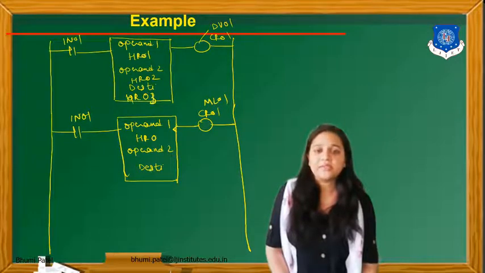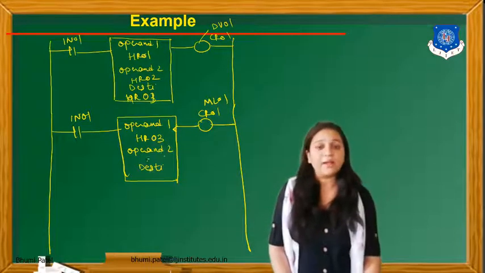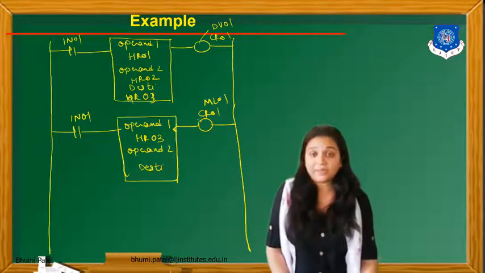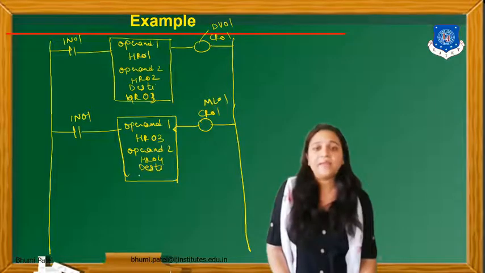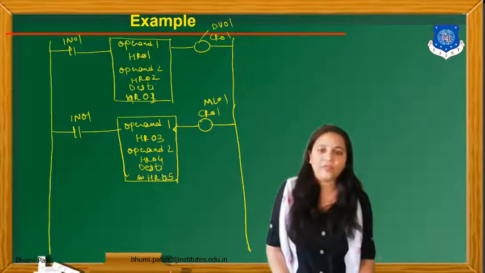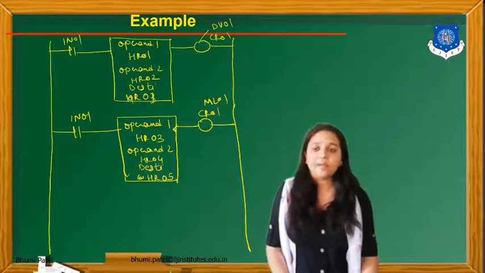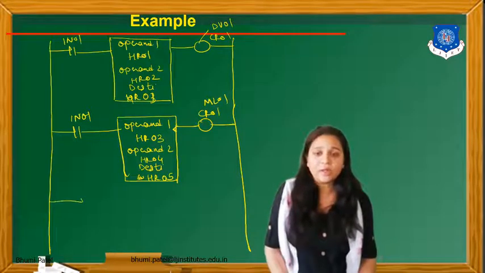This is my HR03, operand 1. What is operand 2 for the multiplication? It is the Celsius value, so we can take HR04 for the Celsius, and then we take a destination, HR05.